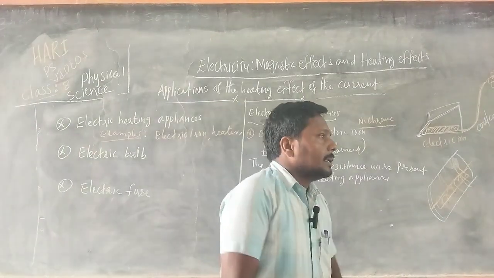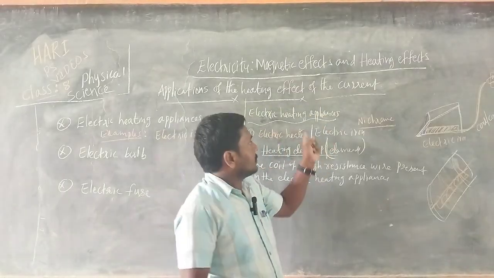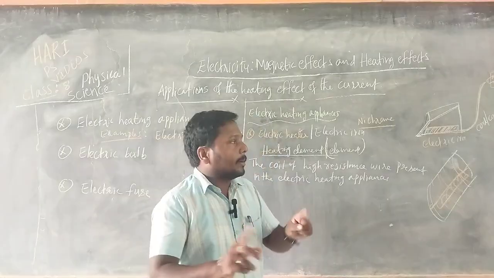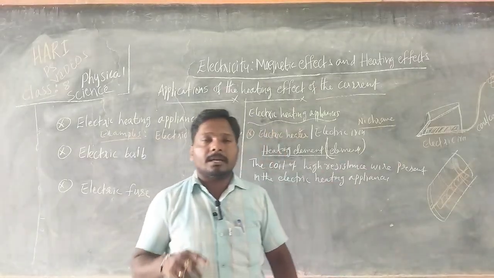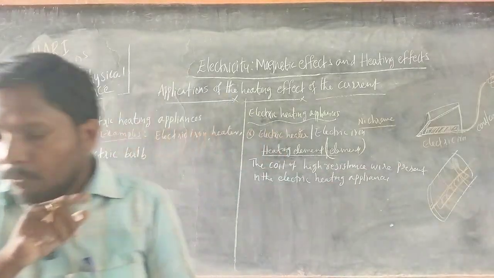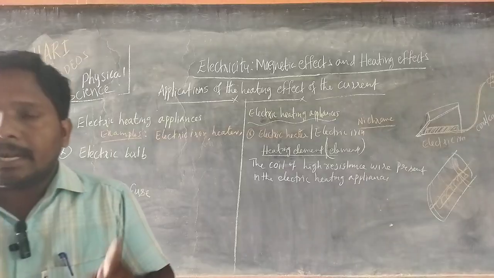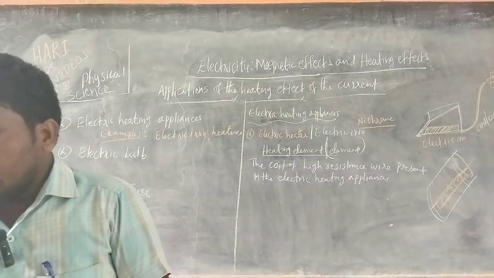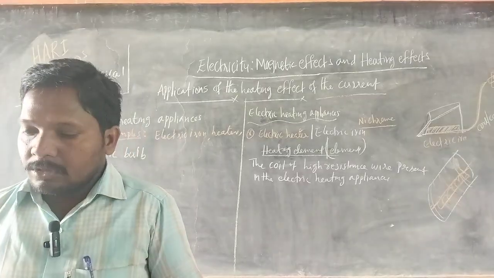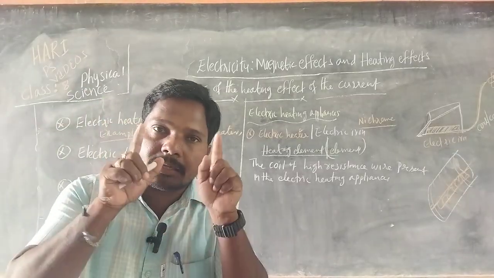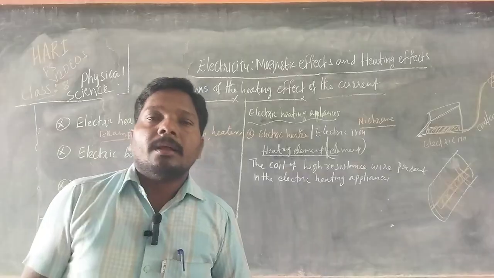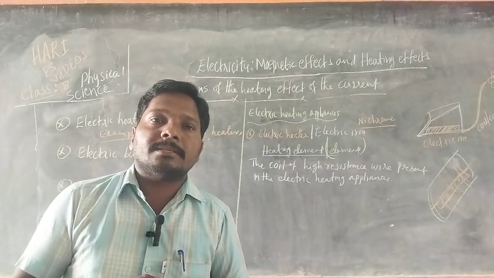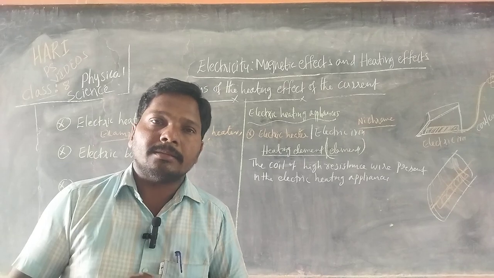That means in the case of a room heater we are able to see the heating element, but in the case of an electric iron or electric kettle, we cannot see the heating element because it is concealed inside the appliance.